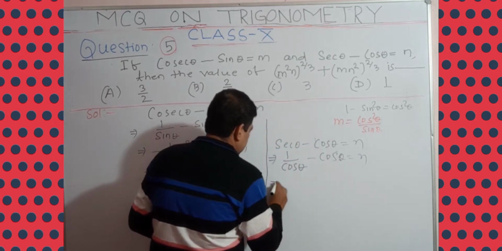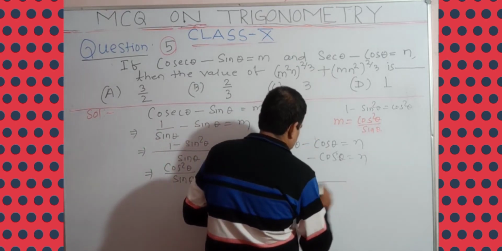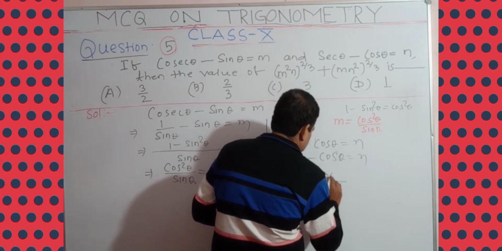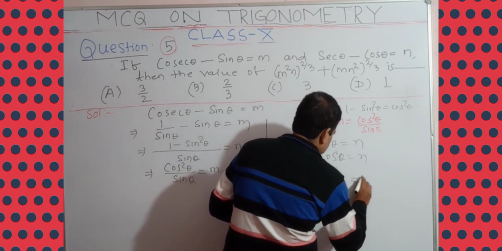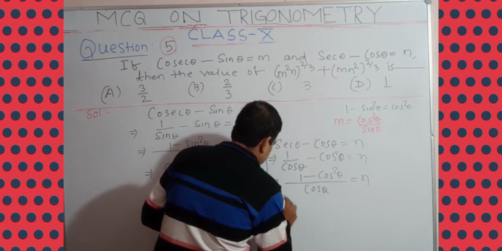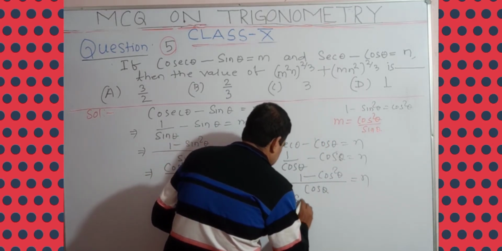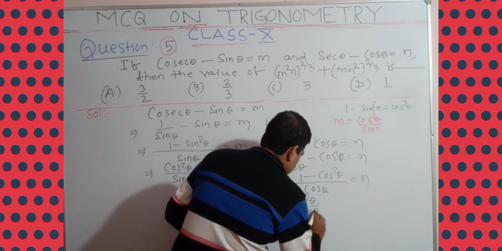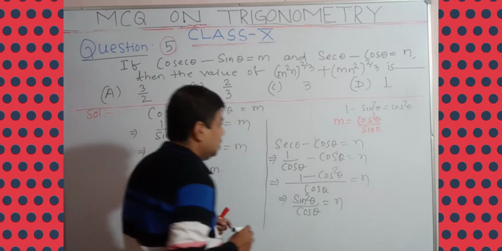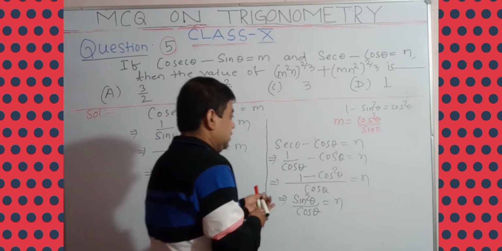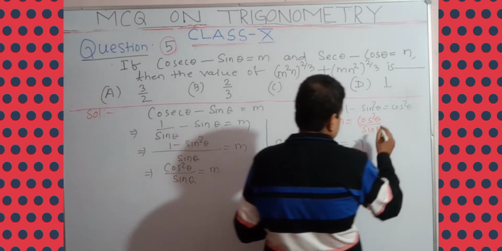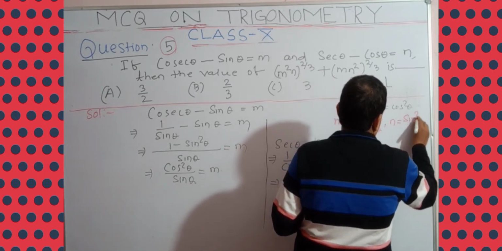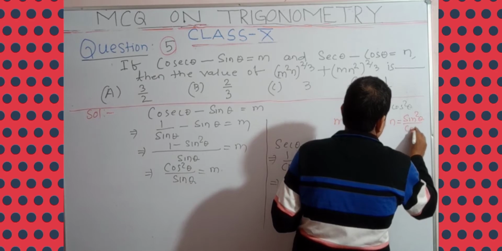So that implies after taking the LCM, LCM will be cos theta, 1 minus cos square theta is equal to n. So that implies 1 minus cos square theta is sin square theta by cos theta is equal to n. So here we got the value of n. We got the value of n is sin square theta by cos theta.